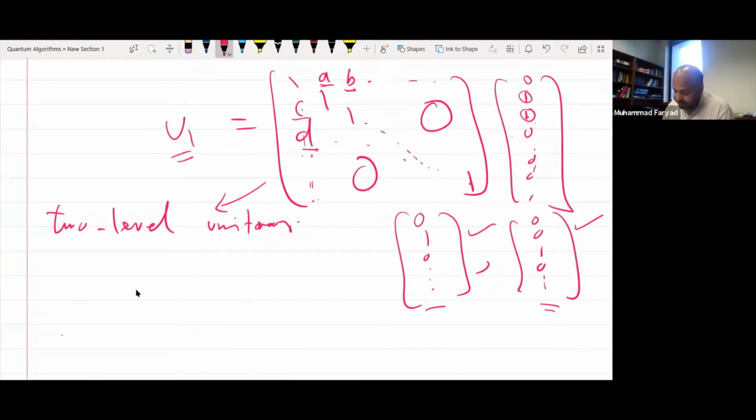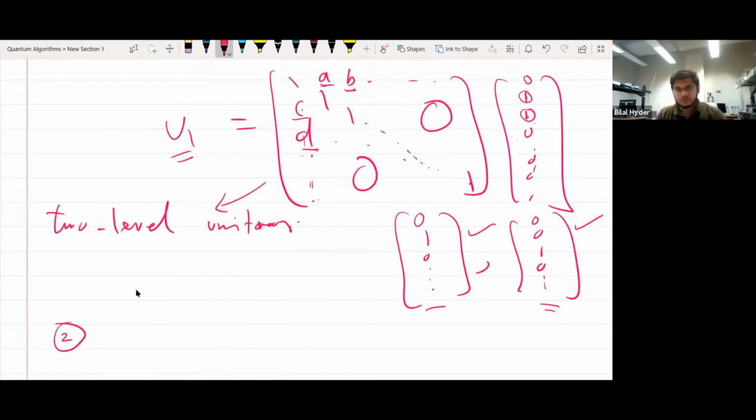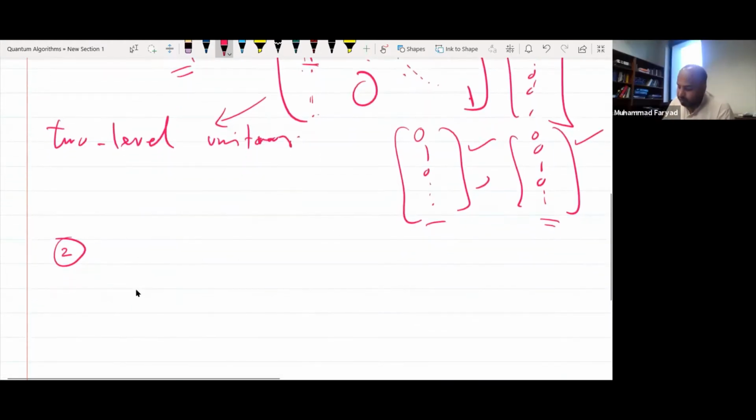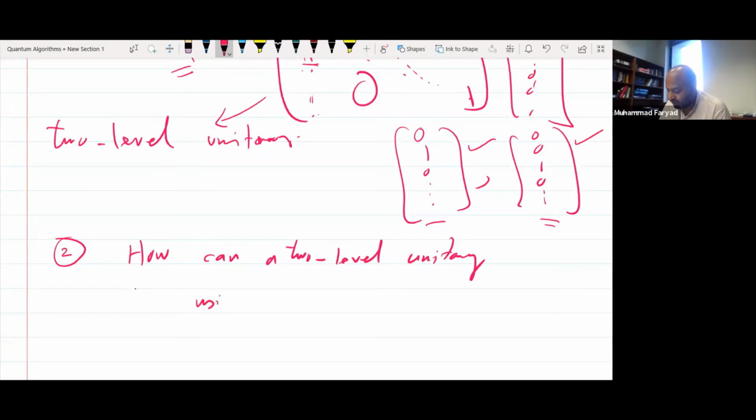In the second step, we will show how we can implement any 2-level unitary using only CX and single qubit unitaries.